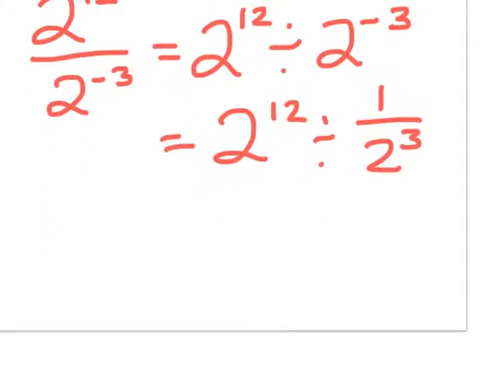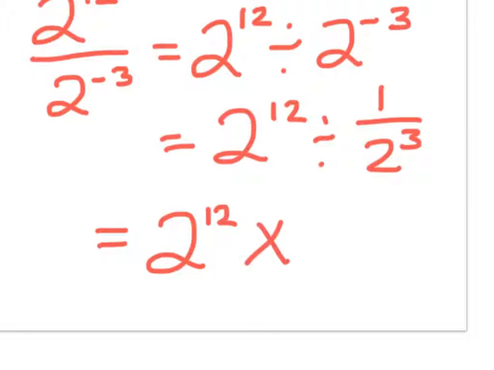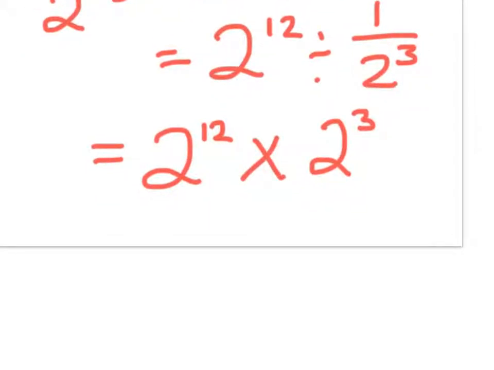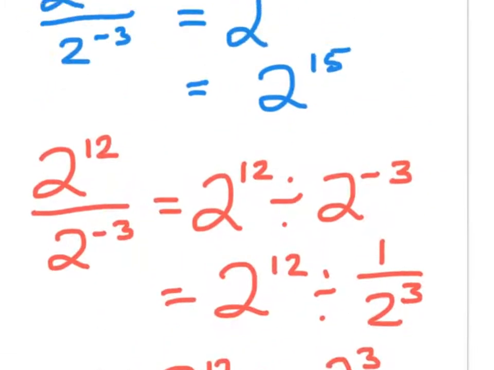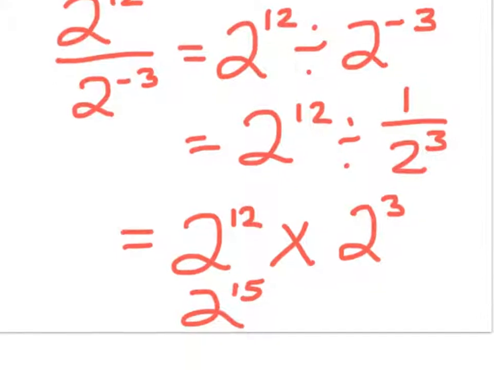Now you're dividing by a fraction, so we do keep, change, flip, and now we're back to a multiplication problem, and 2 to the 12 times 2 to the power of 3 is 2 to the power of 15 by adding the exponents. And again by expanding that you'll see. So this is just a quick explanation of how that answer comes about.